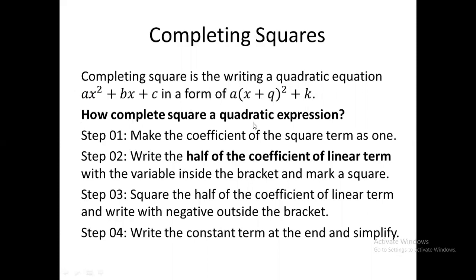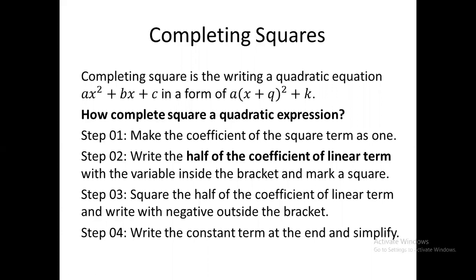This is what we mean by the completed square form of ax squared plus bx plus c. In this video, we are going to learn how to convert this format into the completed square format. How to complete the square of a quadratic expression. That is our mission in this video.